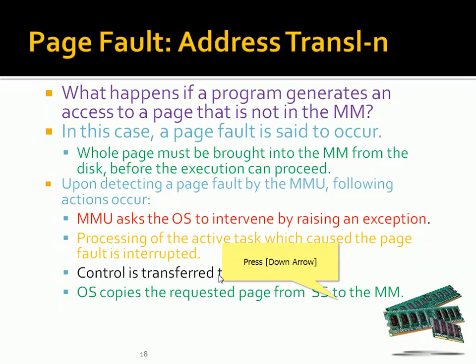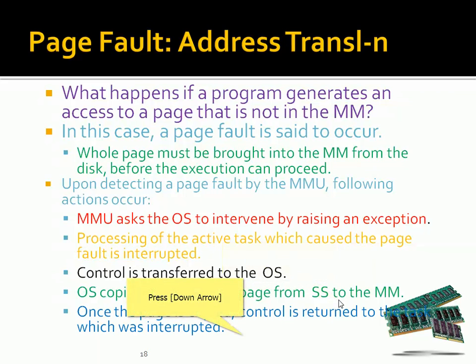Of course it is available in secondary storage. So the OS copies the requested page from the secondary storage to main memory. Once the page is copied, control is returned to the task which was interrupted.